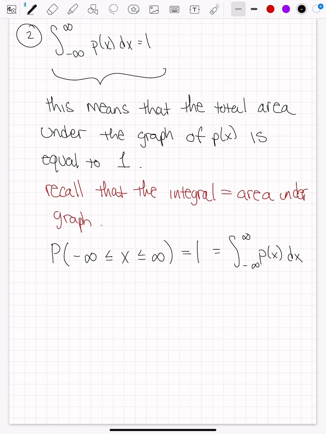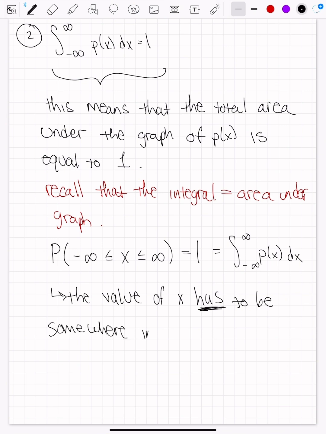Okay. Let me write that down actually. Right, so the value of x has to be somewhere in negative infinity to infinity, right? Somewhere on the number line.